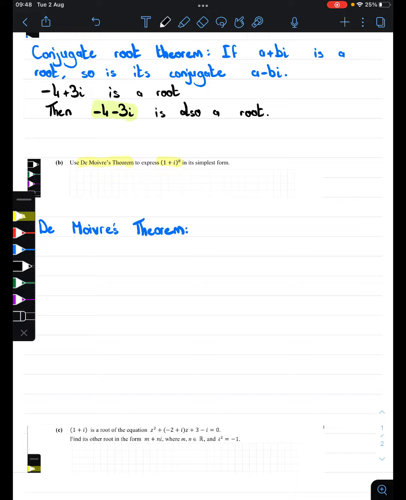Okay, so if we go to the log tables, we see that de Moivre's theorem is: r (cosine theta plus i sine theta), the trigonometric way of writing a complex number, to the n is equal to r to the n (cosine n theta plus i sine n theta).